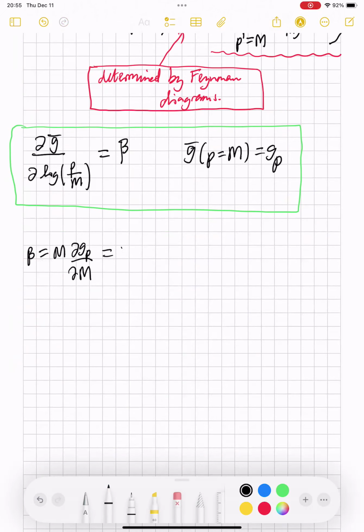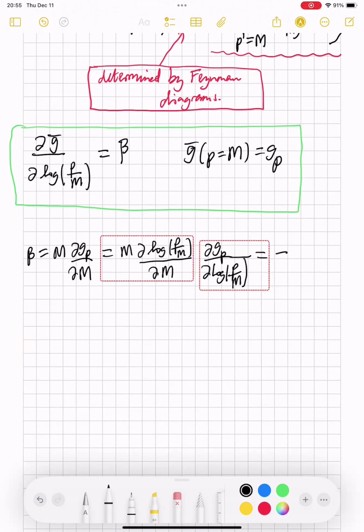So this is equal to m d log(p/m)/dm times dg_p/d log(p/m). And if you calculate this out just using the usual rules of calculus, you've got one derivative to evaluate, so that's no big deal. But this gives us minus dg_p/d log(p/m).